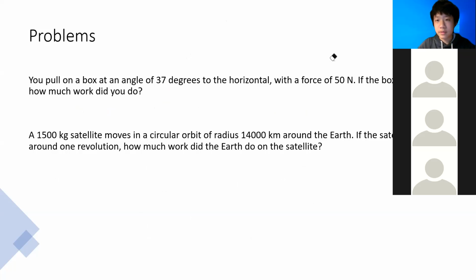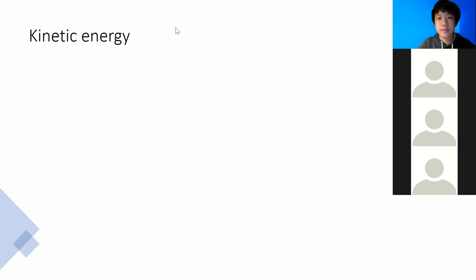All right. So now we have kinetic energy. If you've learned about kinetic energy in your 6th grade science class, then you know that kinetic energy is moving energy. Kinetic means moving, okay? So kinetic energy is the energy that any moving object has. So how do we know a moving object has energy?